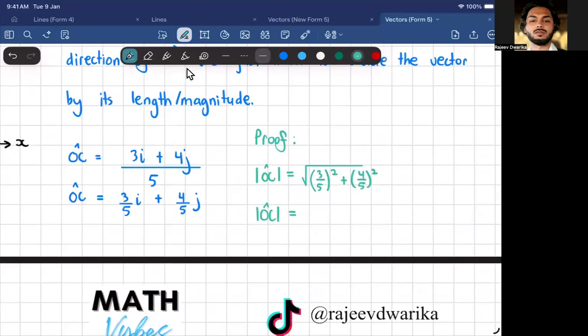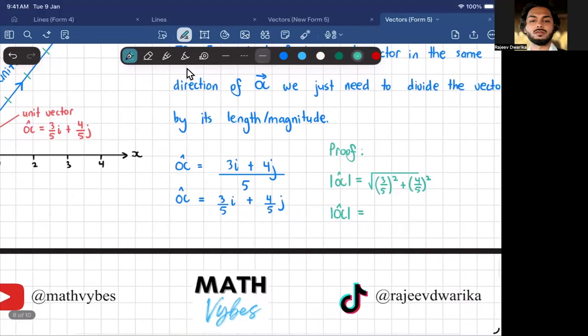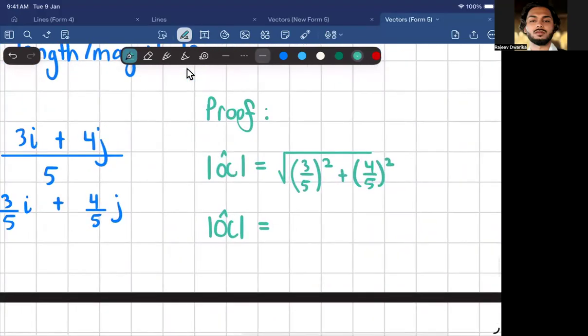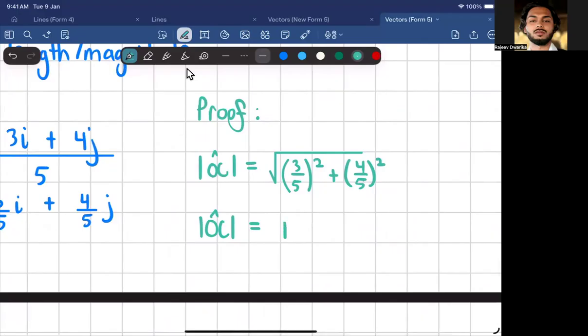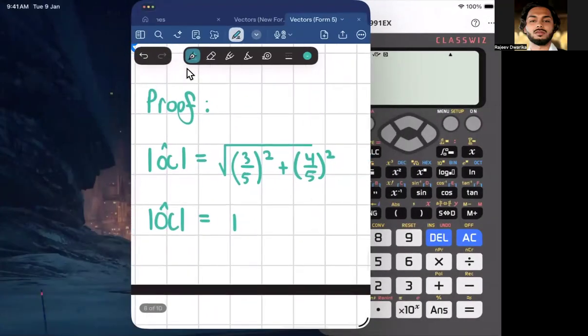Since the vector we found here is just 1/5 of the entire thing, we know that its length should be equal to what? You said 1? Yeah, 1 will be correct, and I'll prove it. Let me plug that into the calculator real quick.